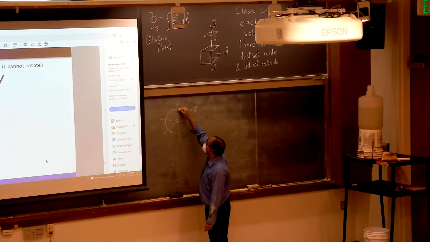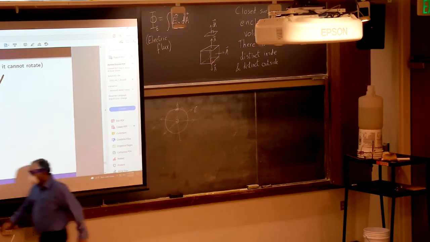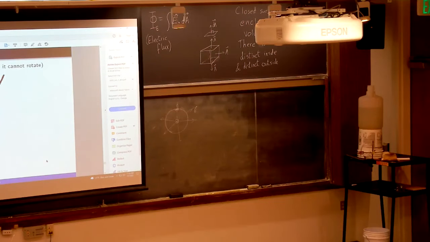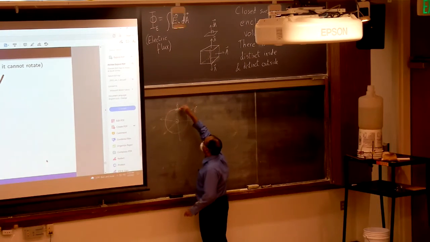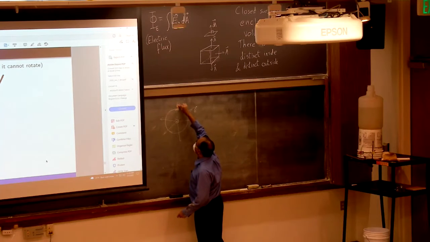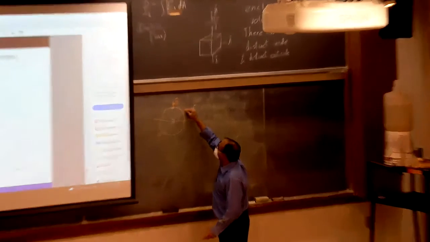And so over here, if you looked at the dA, let's say we're using white for the electric field, and then dA would be like that. dA over here would be like this. dA over here would be like this.